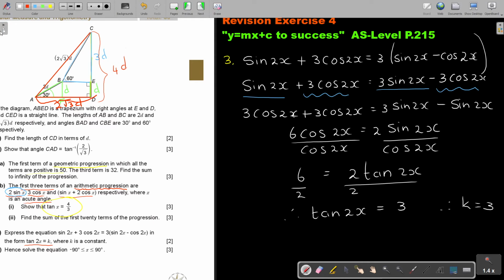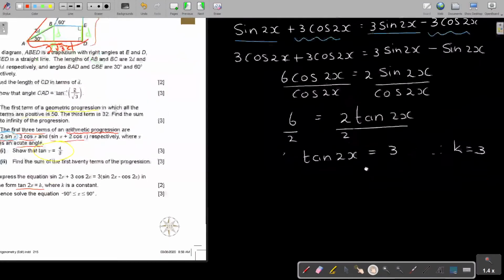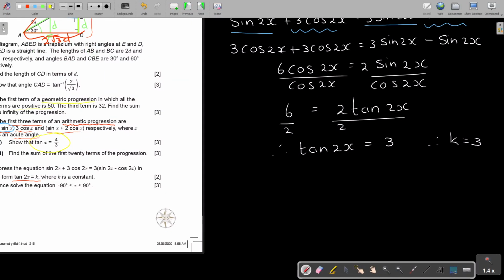And now they say solve. Now, just be very careful. Let's start with that domain. But the problem with this domain is that it's x, and there is 2x. So I will just times everything by 2. Are you with me? So I will have 2x bigger than or equal to minus 180, smaller than or equal to 180.